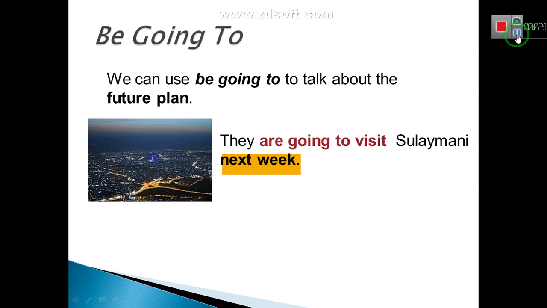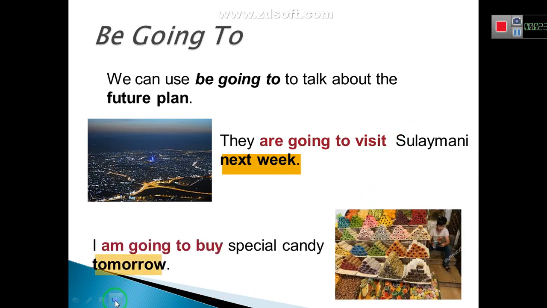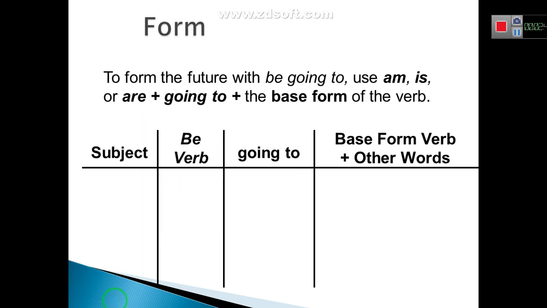Next week, next year, tomorrow, the day after tomorrow. They are all adverbs of time used for the future. Let's see another example. I am going to buy special candy tomorrow. Again, tomorrow is an adverb we use for the future.